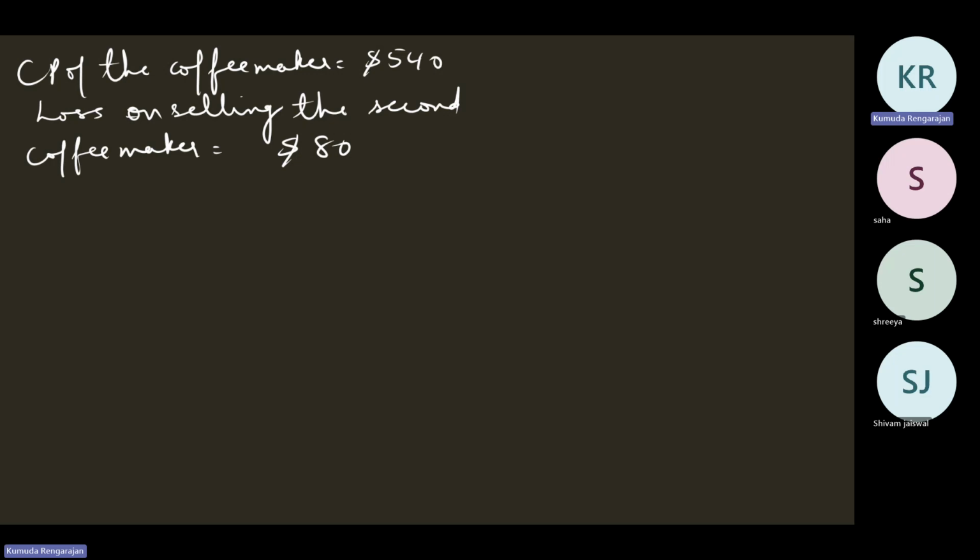So the cost price of the coffee maker is $540 and the loss on selling the second coffee maker is $80. Now given CP in terms of money and the loss in terms of money, how will you find the SP?